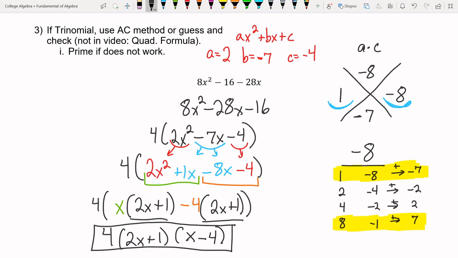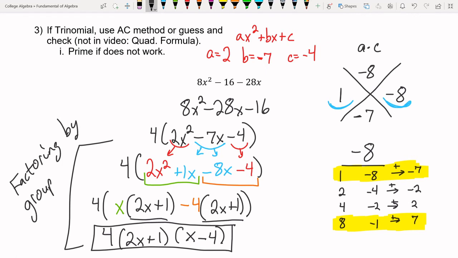The AC method is just a process that uses different techniques to break this thing down into easier chunks. The last half here that I did from this portion on is called factoring by grouping. Very helpful technique, which we'll see later on.